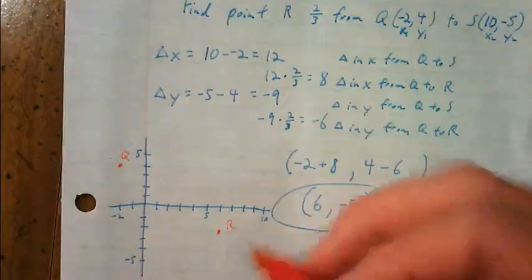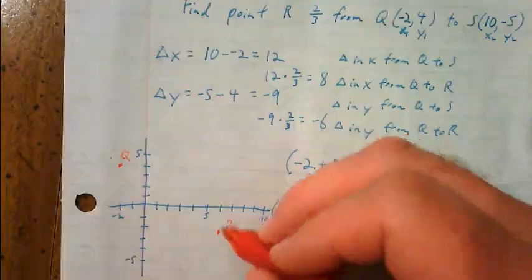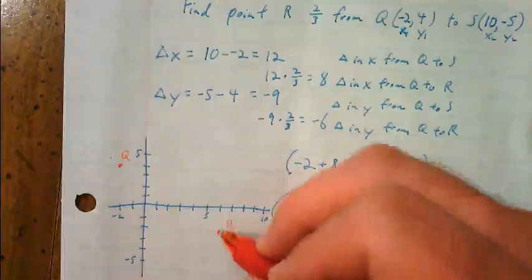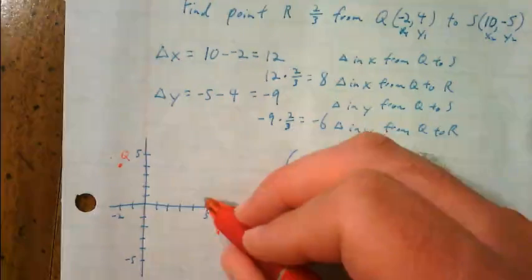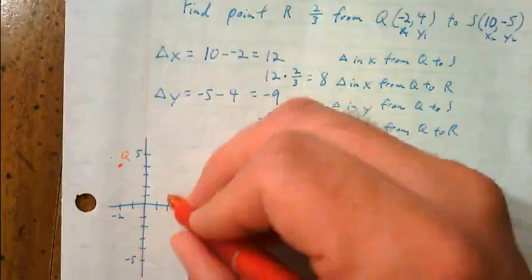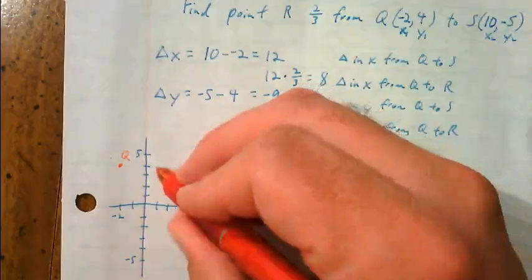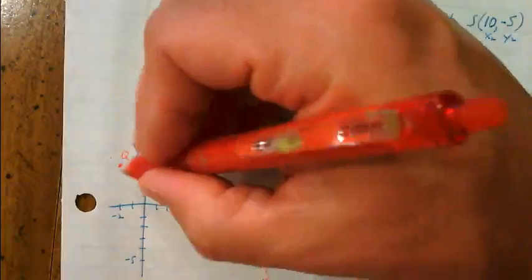If I follow that same pattern backwards, I should find other points along this line. Right? So instead of going down 3 and over 4, I'm going to go up 3 and back 4. 1, 2, 3, 1, 2, 3, 4. And look at that, I'm already back at Q.